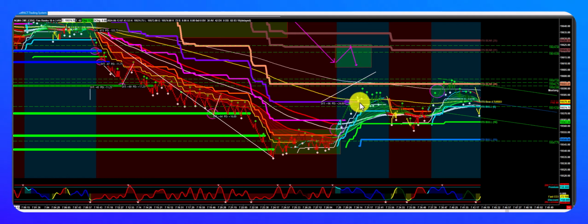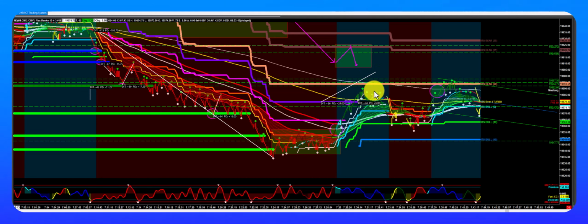And so we were still getting the ability to catch 8 points, 10 points, 15, 17, 22 points from this point, because it didn't come back below 25-point stops.